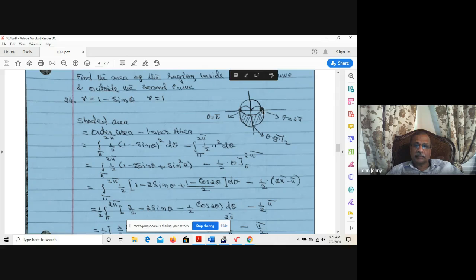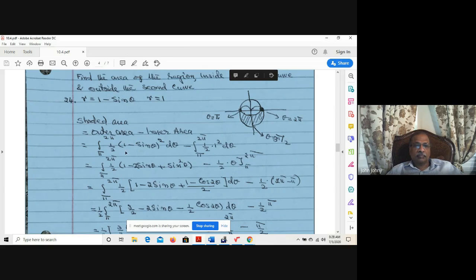And that means the integral from pi to 2 pi of 1/2 times the outer area, 1 minus sine theta the whole square d theta. By outer area we mean this area of that cardioid. Then you have to subtract whatever is here. That is actually the area in the circle.